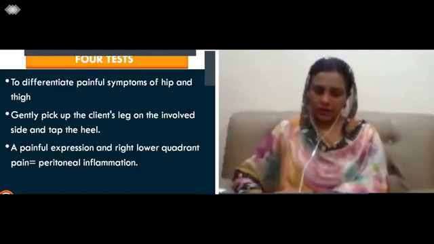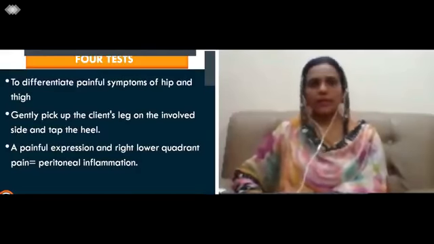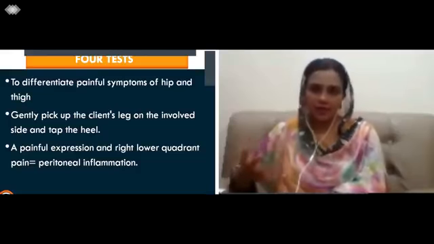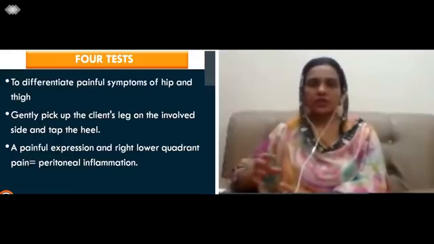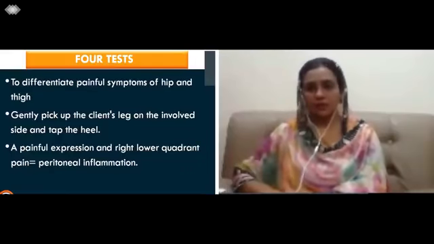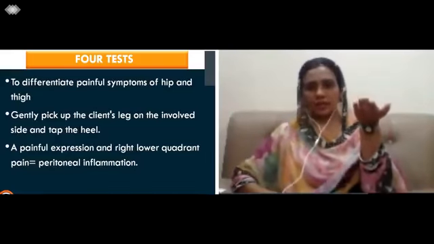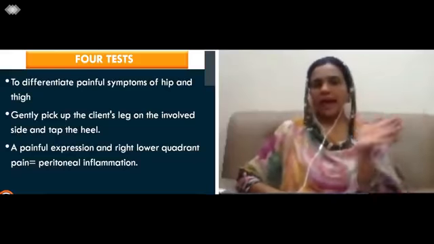To differentiate this abscess, there are 4 tests that can help if the patient is presenting to you with pain of the hip and the thigh, and you need to differentiate whether actual hip pain is there, actual thigh musculoskeletal pain is there, or the patient is having a psoas abscess or obturator abscess. The simplest test is that you gently pick the patient's leg off the bed and tap the heel.